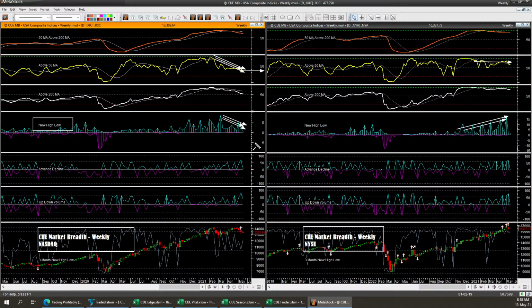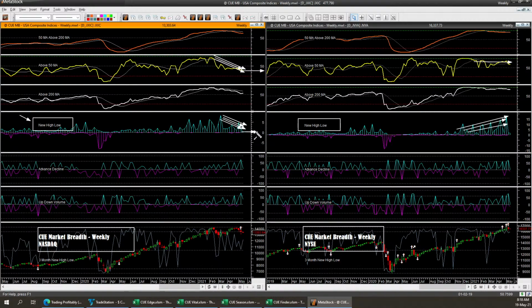Some Nasdaq stocks, growth stocks, may be in trouble, but overall the market is strong. We see that in the percentage of stocks making new highs in NYSE. In Nasdaq it is coming down, but it is still above 0. This is the percentage of stocks making new highs minus the percentage of stocks making new lows.